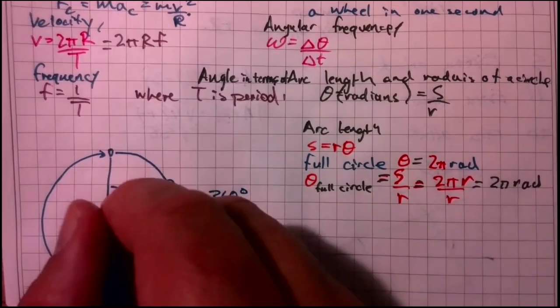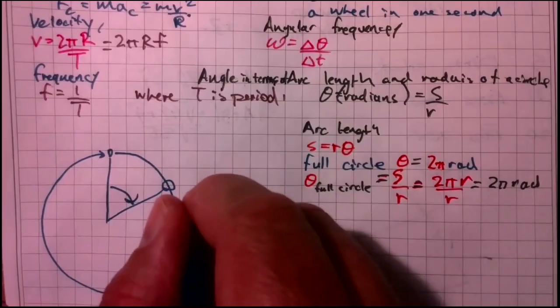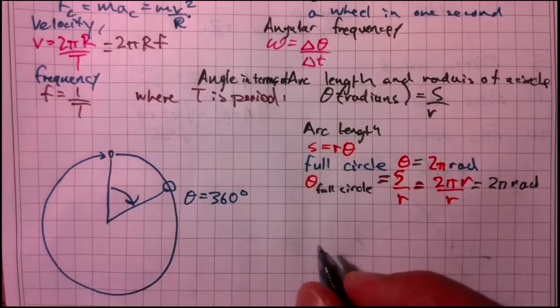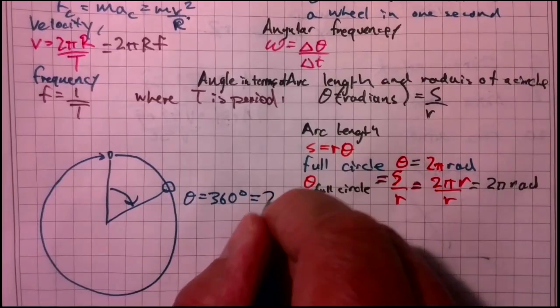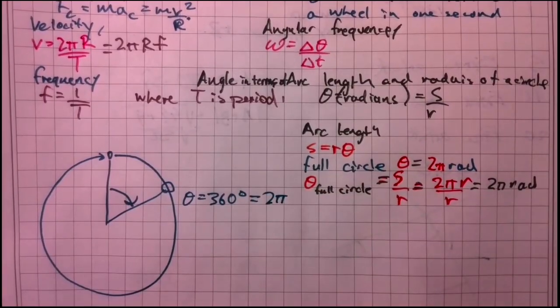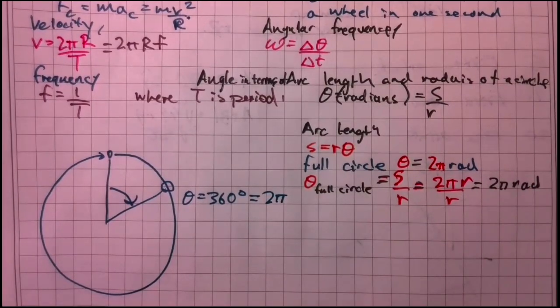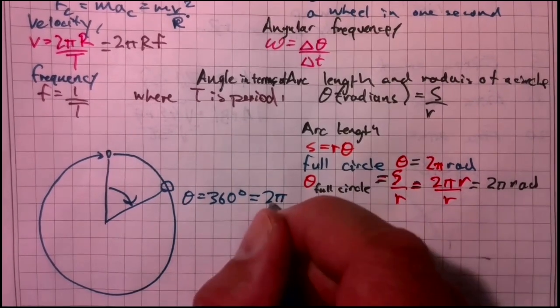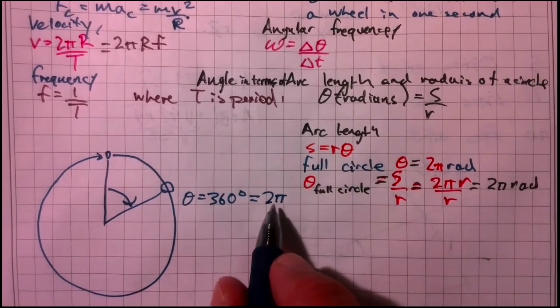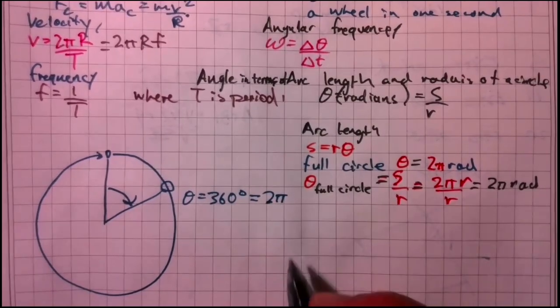That's the angle that you would go around the whole circle, or in radians, that would be 2 pi. These are both different ways that we can express an angle. But for this chapter, we're going to start expressing things in radians.